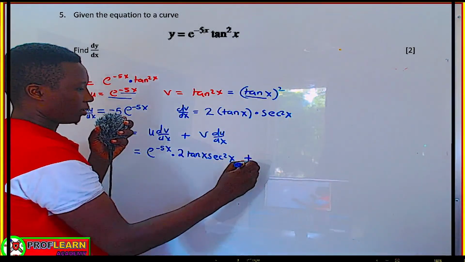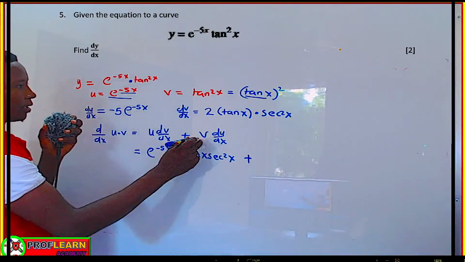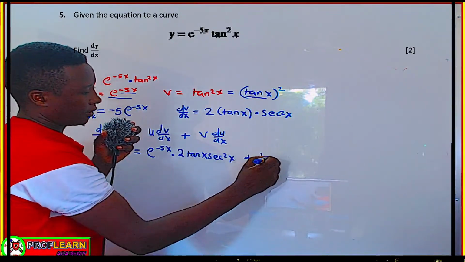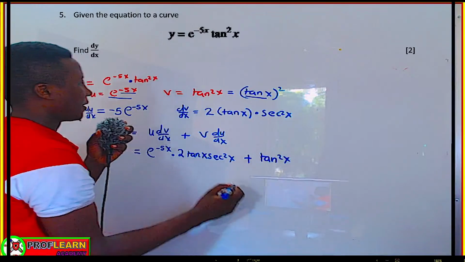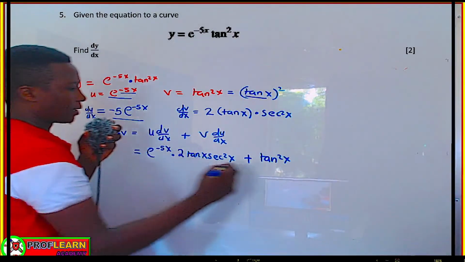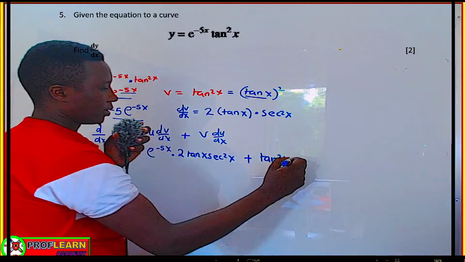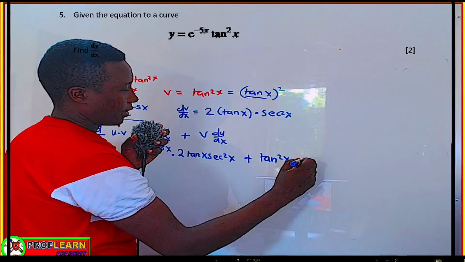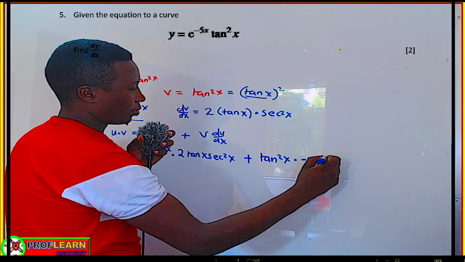Then we are going to say plus v, our v is actually tan squared x, and our du dx is this part, which is times negative 5e to negative 5x.